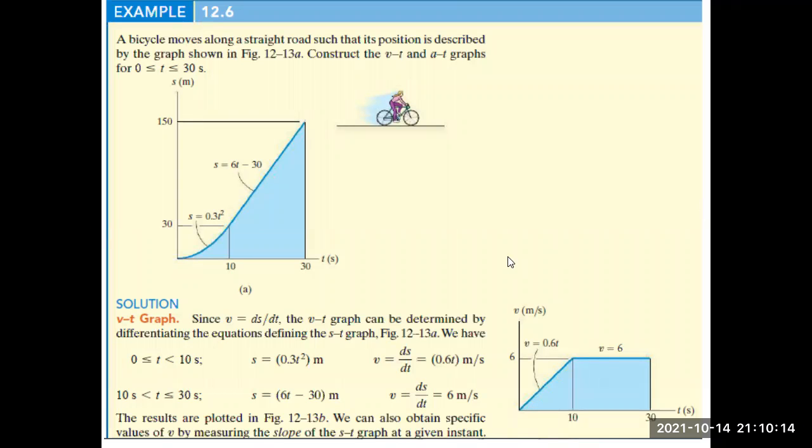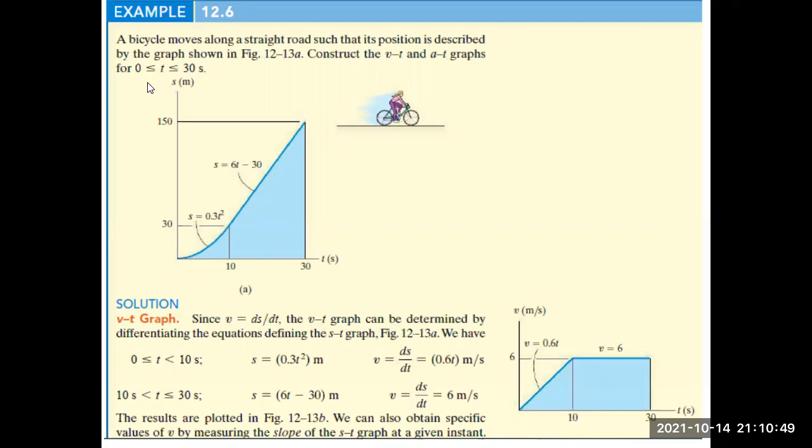In this example, we have position. A bicycle moves along a straight road such that its position is described by the graph shown in this figure. Construct V versus T and A versus T graphs for when T is between 0 and 30 seconds.